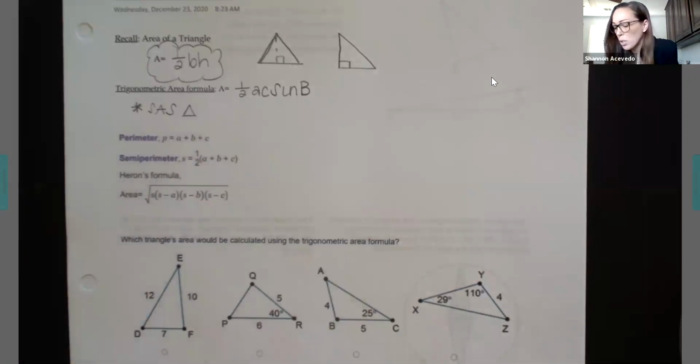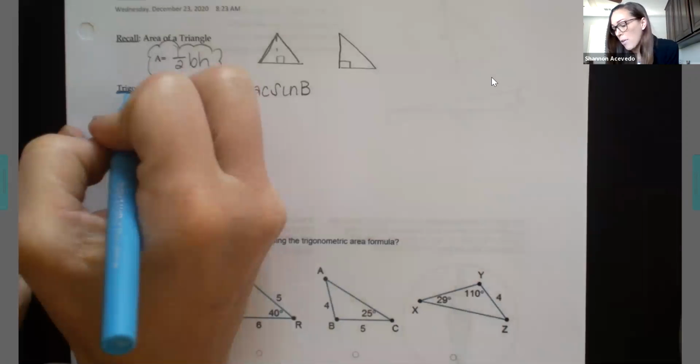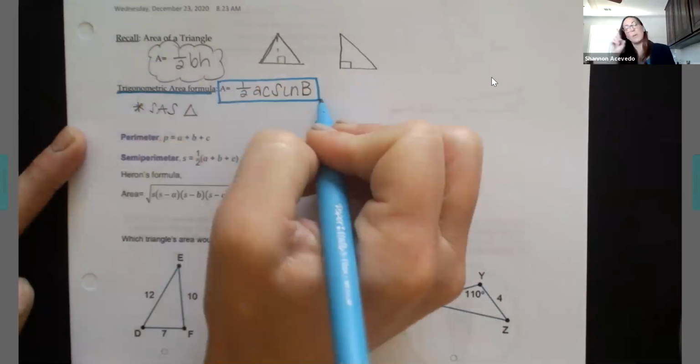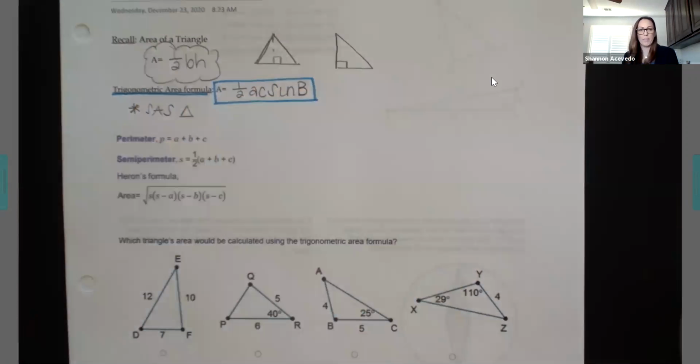They call this the trigonometric area formula, and it's going to be this right here. That's going to be one new way that we're going to be using.